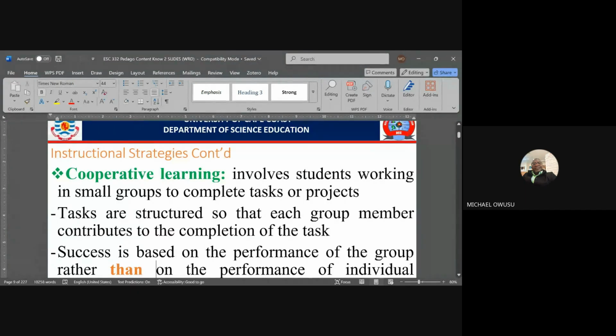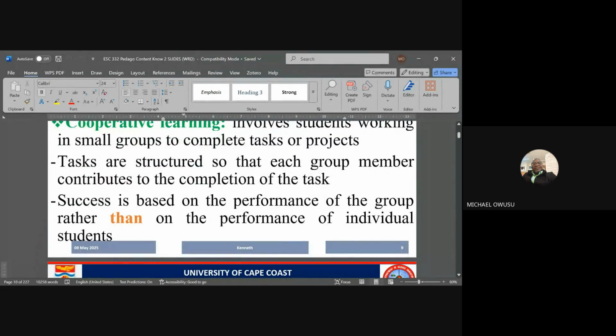All these things are part of what we do in a cooperative learning group. You give tasks to each person, and the success of the project will depend upon the performance of the group. It is not based on individual students.